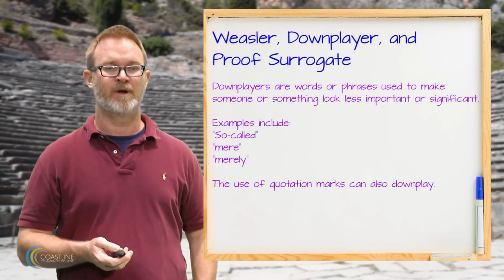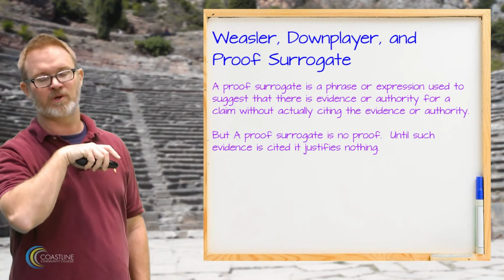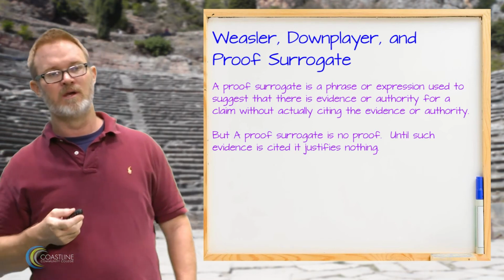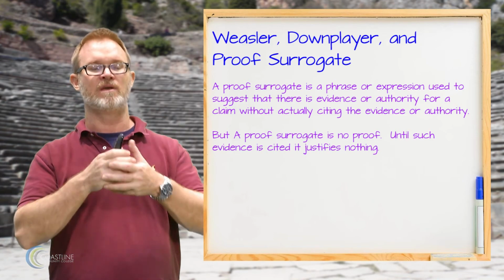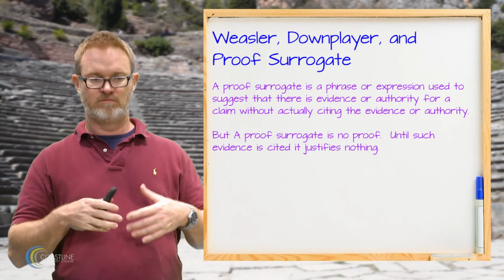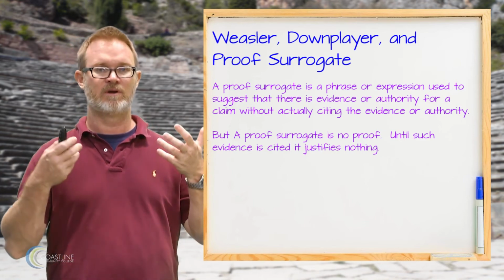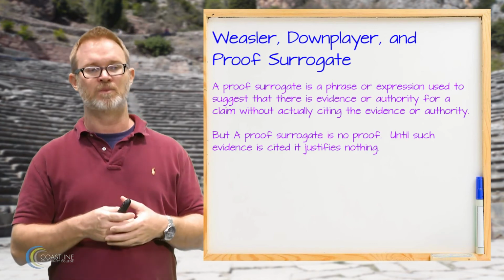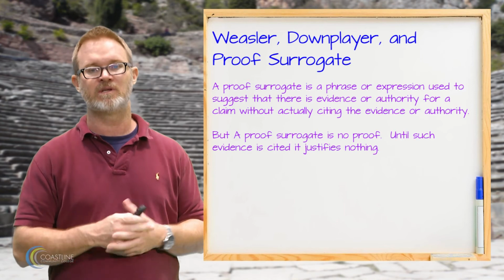So these are downplayers. The next rhetorical device we're going to look at is called proof surrogate. A proof surrogate is a kind of expression, a phrase that is meant to persuade you into thinking that there's some sort of statistic or fact or piece of evidence that backs a claim when there isn't really any citation given.